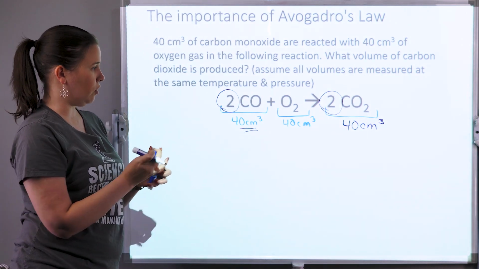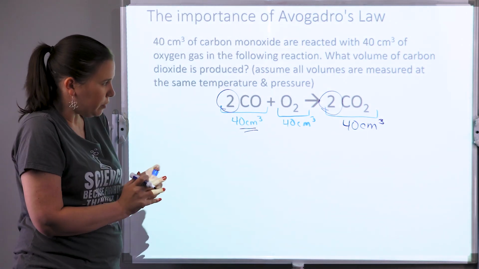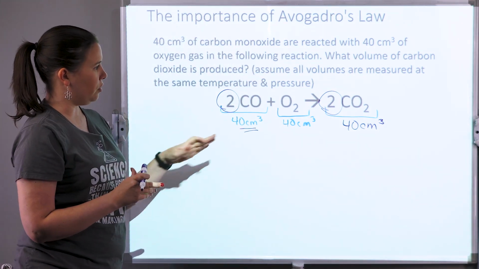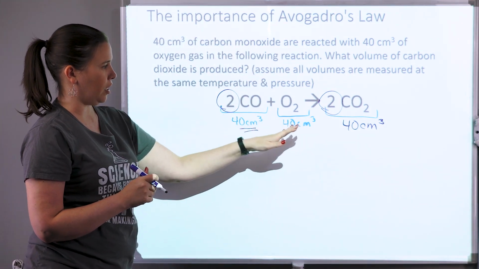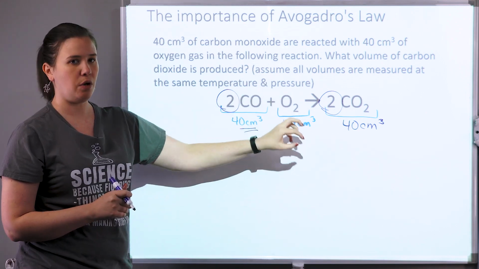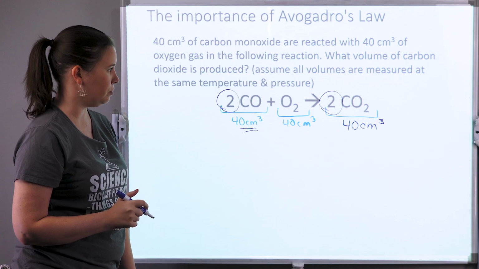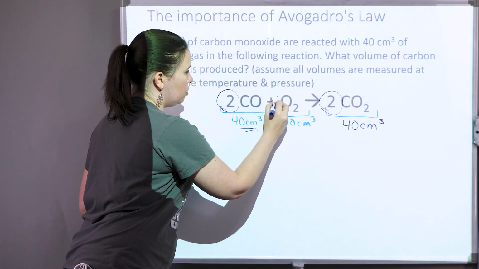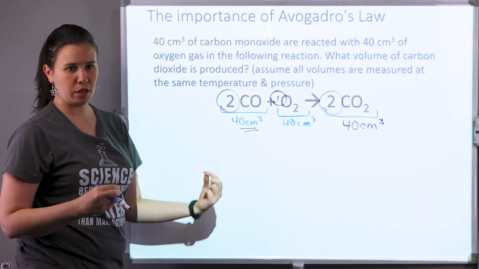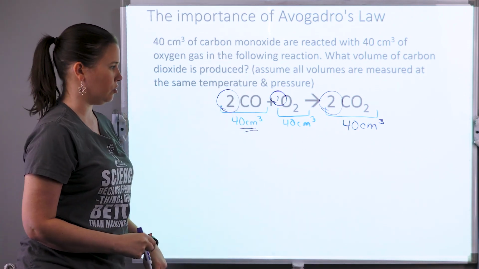So does that require all 40 cubic centimeters of oxygen to be used? What would be the volume of oxygen after this reaction? Does all 40 cubic centimeters of carbon monoxide react with all 40 cubic centimeters of oxygen? Well, no, because the mole ratio here is 2 to 1, meaning I use twice as much carbon monoxide as I do oxygen.